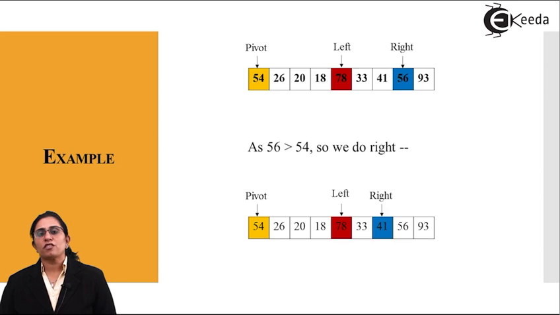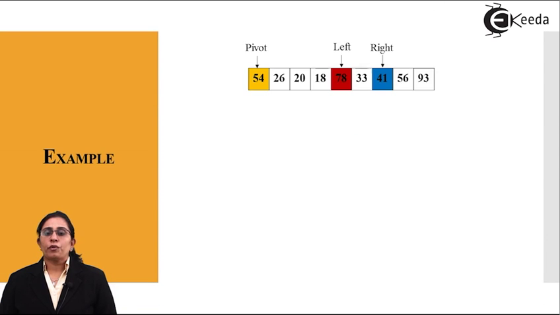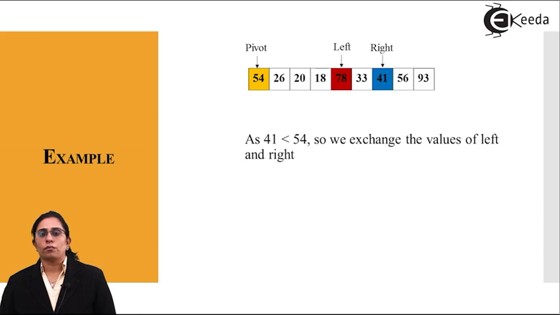When I do right minus minus, my right comes to the position of 41. So we again compare 41 with 54. 41 is less than 54, so we exchange the values of left and right.